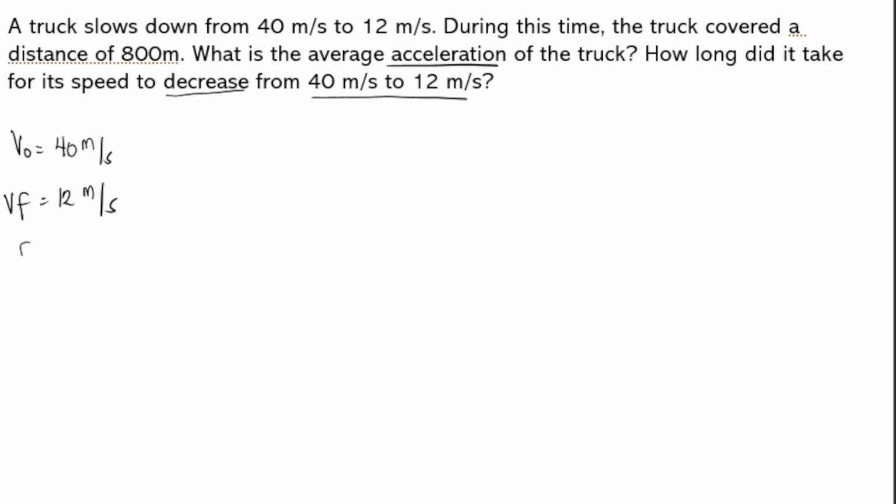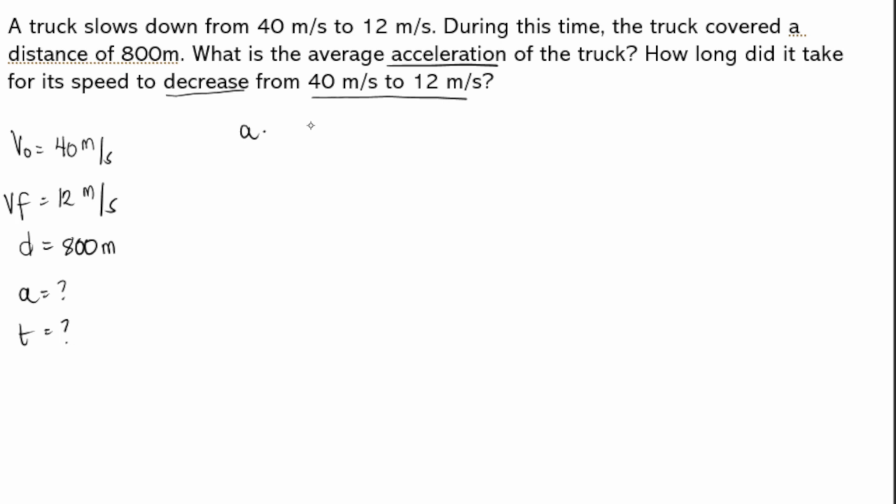The distance the truck has traveled is 800 meters. We are going to find the acceleration as well as the time. Feel free to pause this video if you want to answer this problem. So what is the best equation for us to find the acceleration based on our givens?